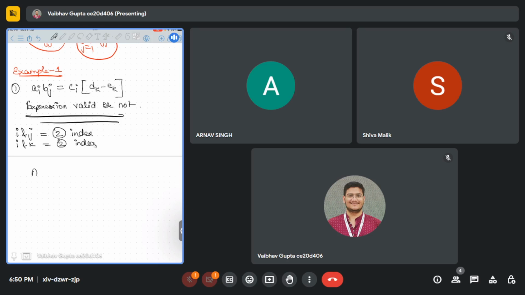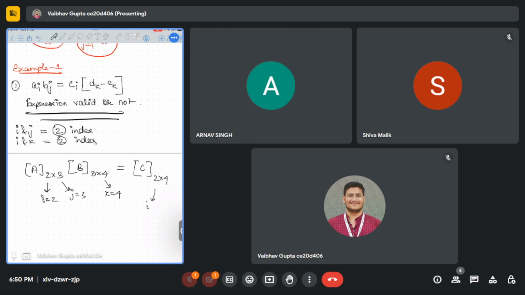Suppose I multiply an A matrix of 2 comma 3 with a B matrix of 3 comma 4. Now here we have three indices: I is equal to 2, J is equal to 3 and K is equal to 4. So what will we get? A C matrix of 2 into 4. We are getting the indices I and K. We are not getting an extra index.